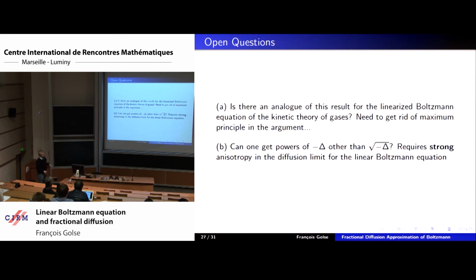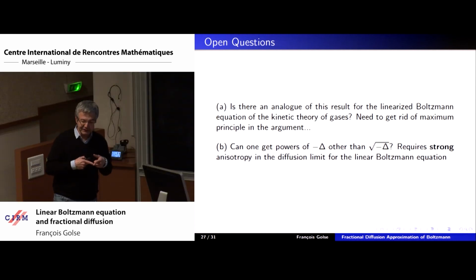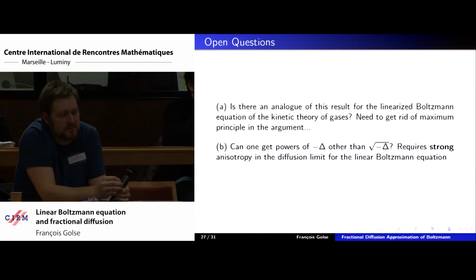So in this business, the way you obtain the fractional diffusion equation is by establishing the Robin boundary condition on the boundary, right?